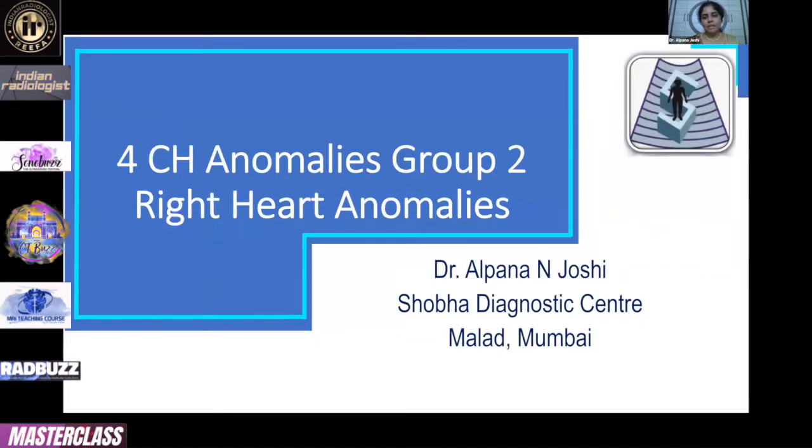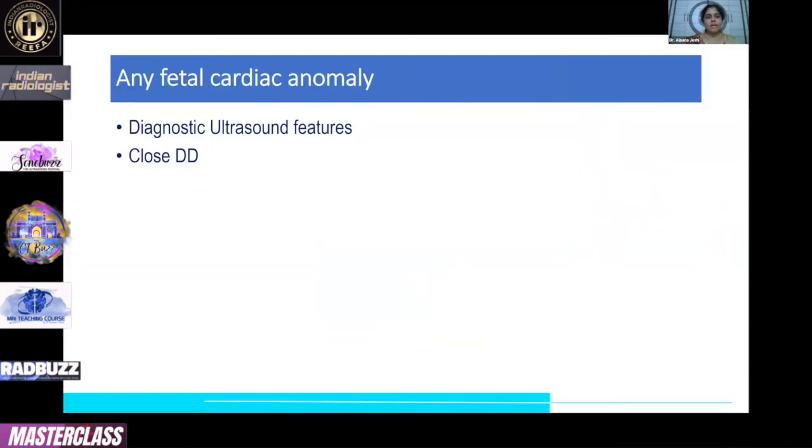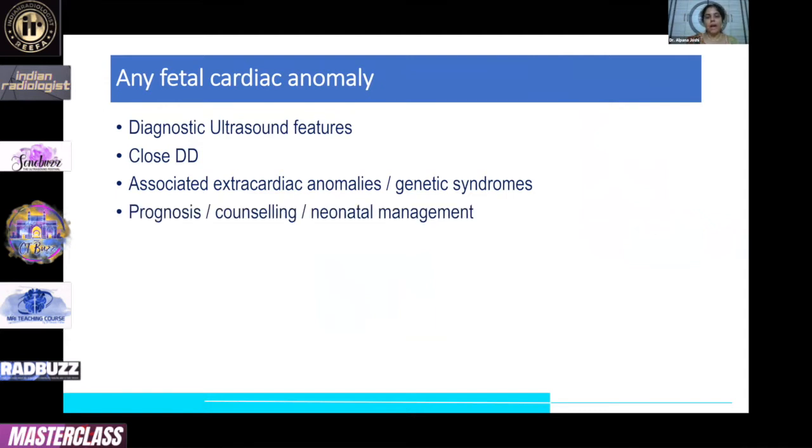Okay, so with this, we come to the next part of the four-chamber anomalies, and that is the right heart anomalies. For any fetal cardiac anomaly there are different parts to it: the diagnostic ultrasound features, the close differential, associated extracardiac anomalies and genetic syndromes, and the prognosis, counseling, and neonatal management, which the pediatric cardiologist will be better able to tell us about.